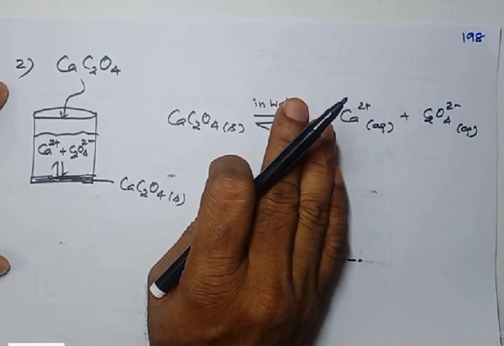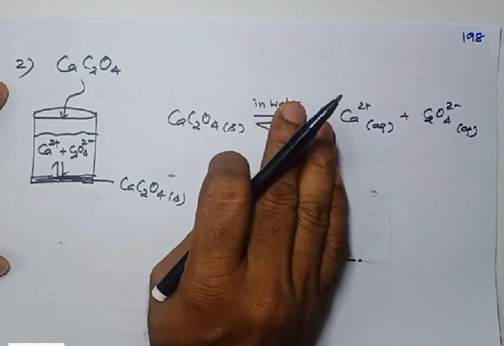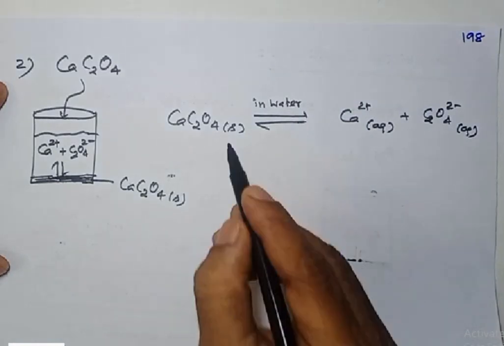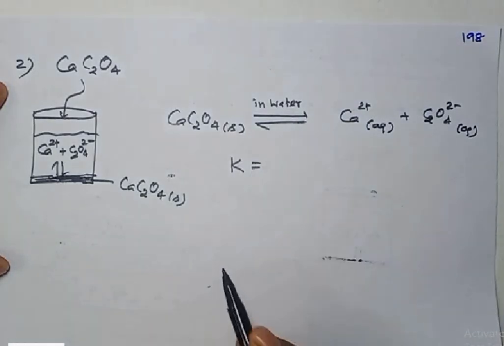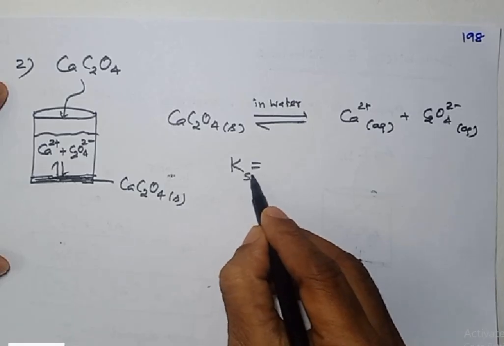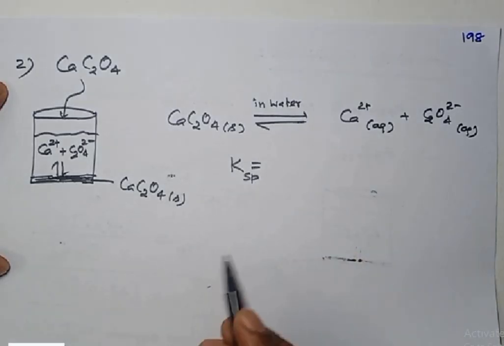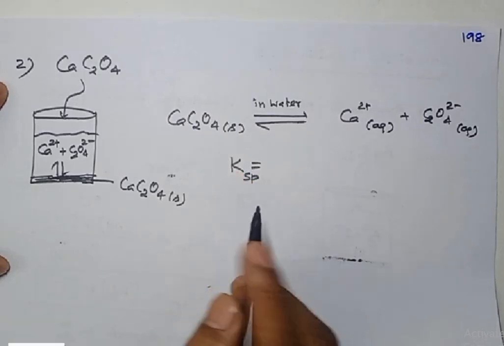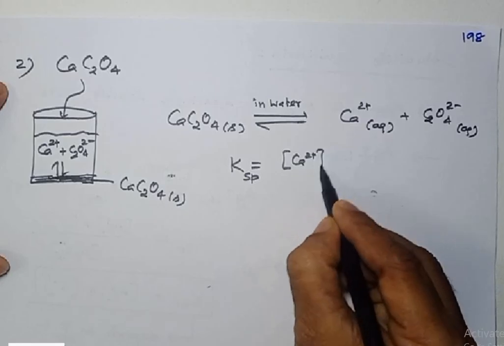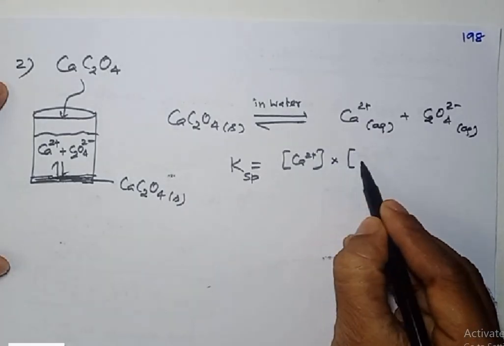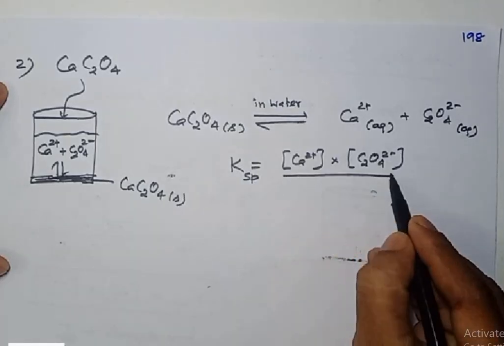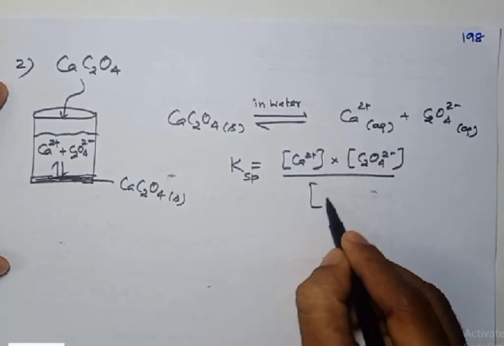Once it attains equilibrium, we can write the equilibrium constant. We write this equilibrium constant as KSP, also called the solubility product constant, which is equal to the concentration of the calcium ion in solution times the concentration of the oxalate ion in solution, divided by the concentration of the salt.